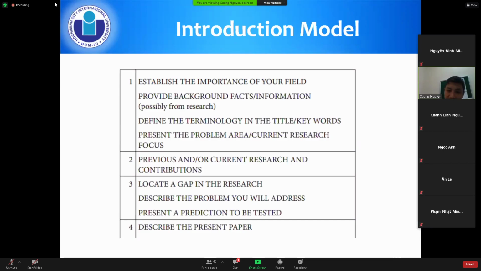Does it make sense, class? Any questions so far about the structure of the introduction section? Is it all clear, class, so far?